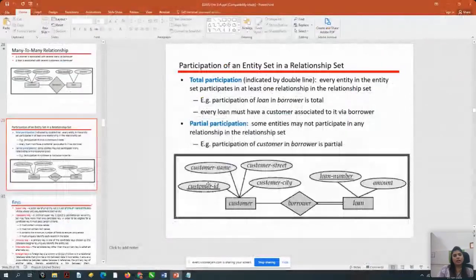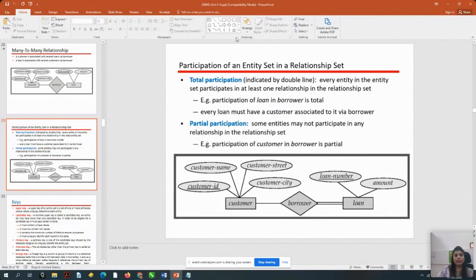Okay, so next we have participation. Two kinds of participation are there. Either an entity participates totally in the relationship set, or the partial participation, that means some entities may not participate in the relationship set.